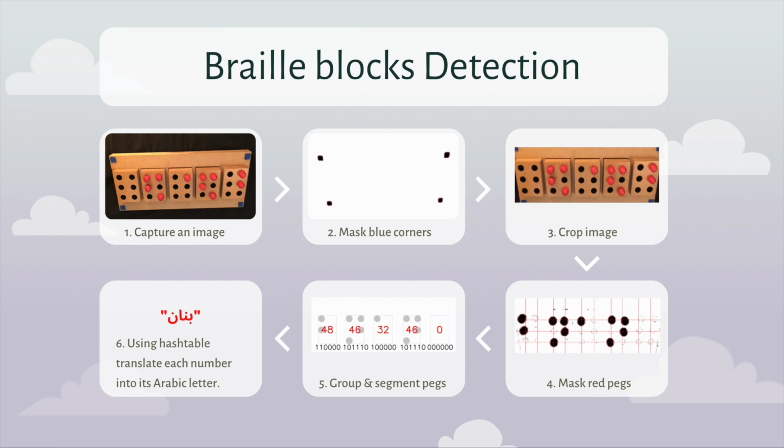After acquiring the cropped image, the system applies the second color mask to obtain the red pegs and group them into segments of 2 columns and 3 rows by comparing the distance between each peg and the other. Now, each segment represents an individual Braille cell and has its own number that will be further translated into its corresponding letter, and finally forming the word Banan.